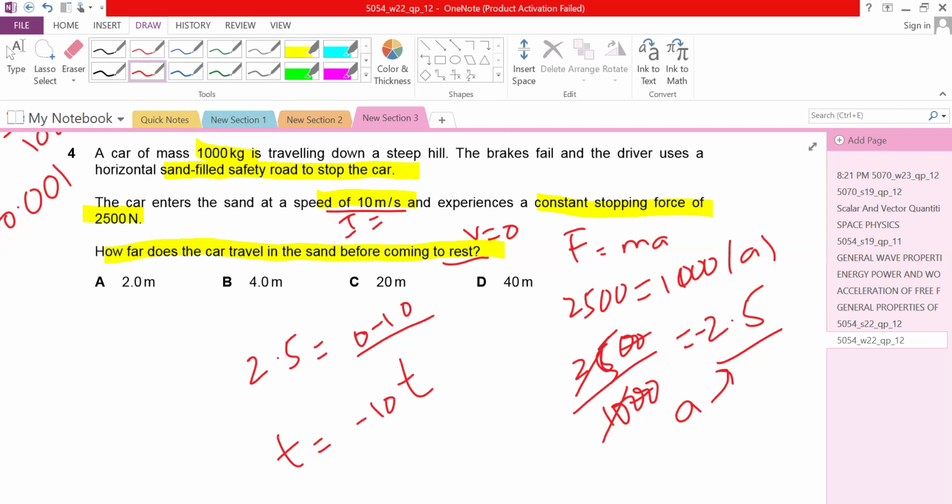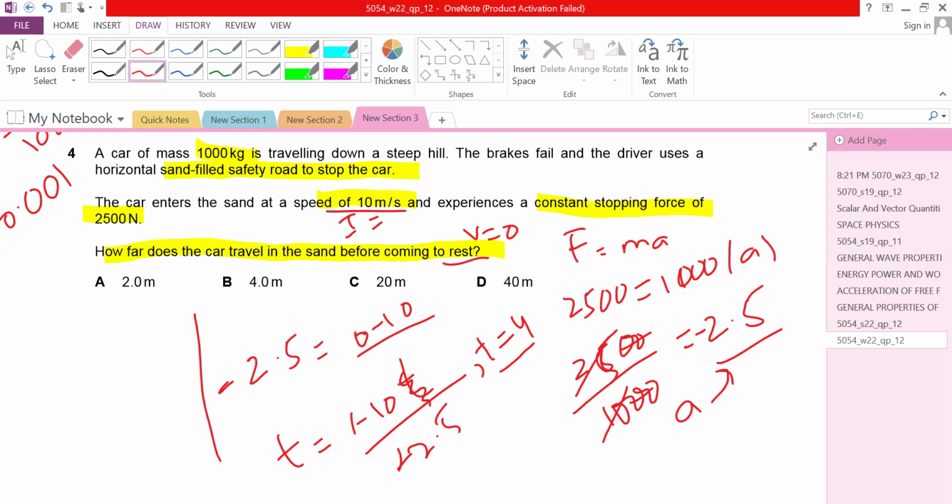This acceleration is decelerating, so we'll put the minus sign on 2.5. The t will go there, and minus 2.5 will come here, and it will give you the answer of 4. So 4 is the time you have calculated.